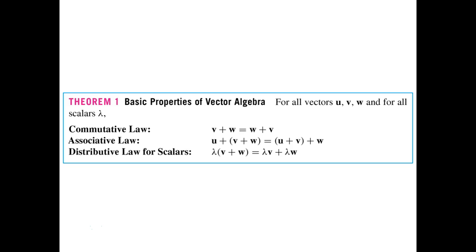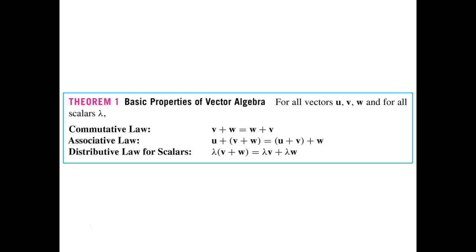Associative law, and this is with addition now. Notice we're only talking addition here, okay, not multiplication. If you're doing addition, you could have 3 vectors, U, V, and W. If you add V and W first and then add U to it, you get the same result as if you had added U and V together and then added W to that result. And the reason is that you're adding by components.